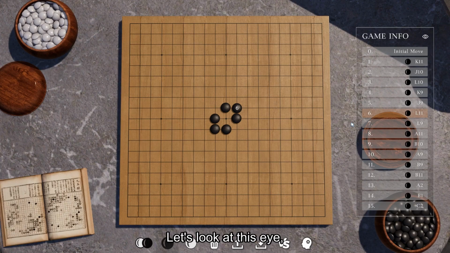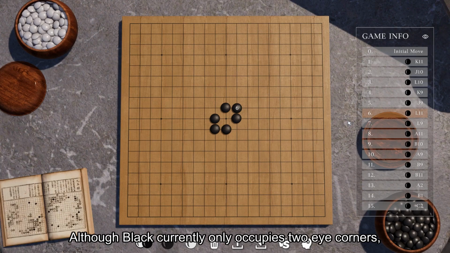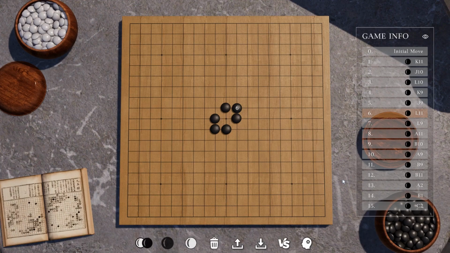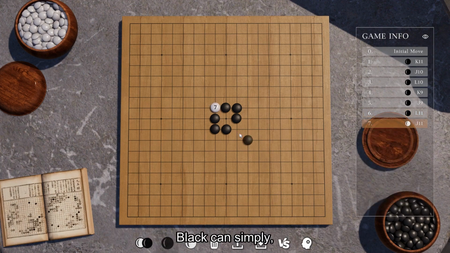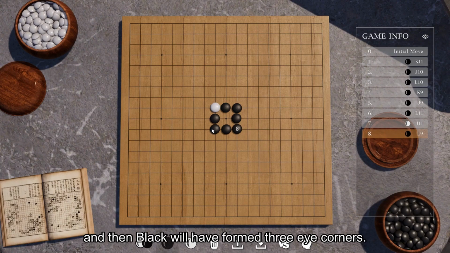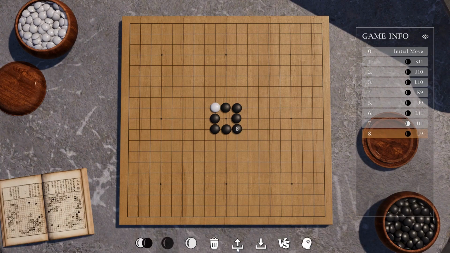Let's look at this eye. It actually contains a miai shape. Although black currently only occupies two eye corners, next, if white decides to play a move right here, black can simply play at this position. And then black will have formed three eye corners.